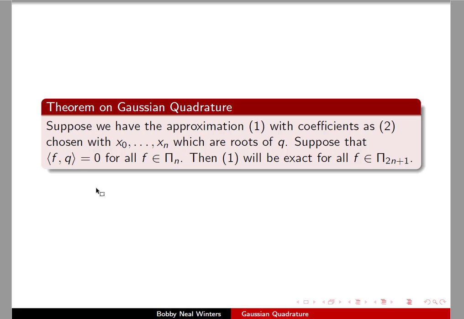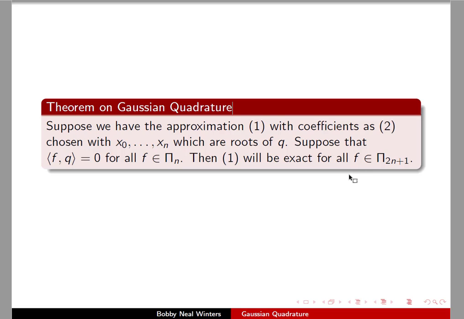So this is saying for a nicely chosen polynomial which is orthogonal to all of this, if we know its roots, then even though it's orthogonal to only polynomials of degree n, the integration is going to be exact for polynomials of degree 2n plus 1.